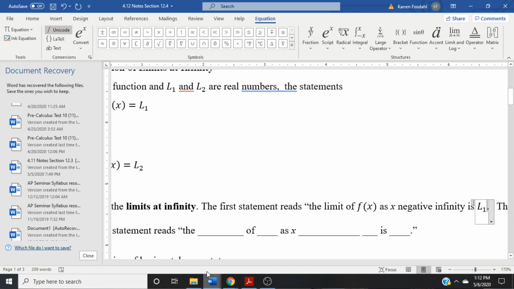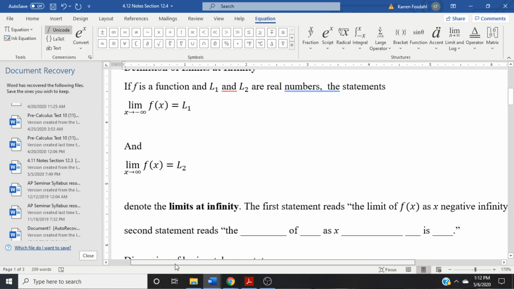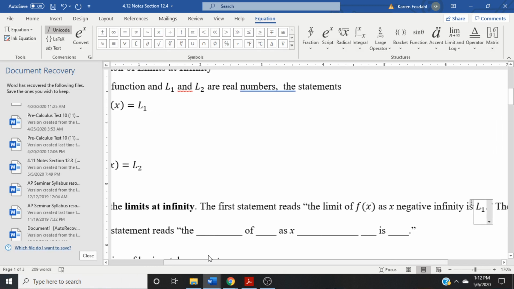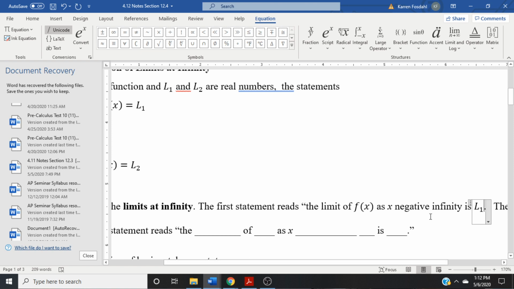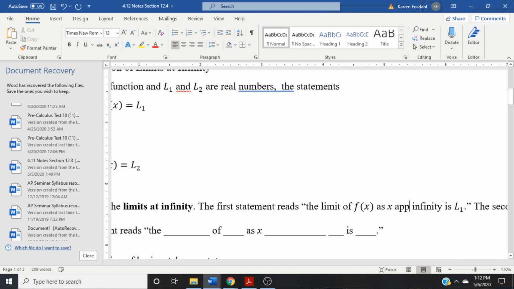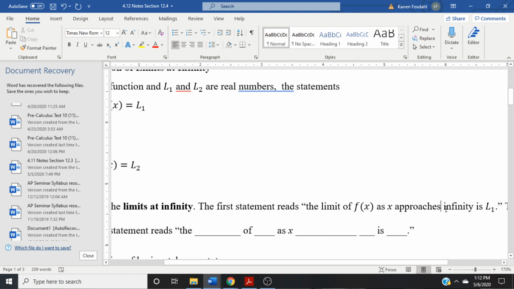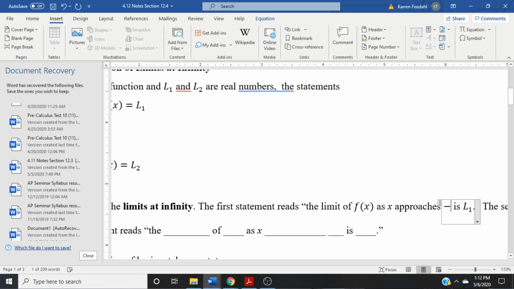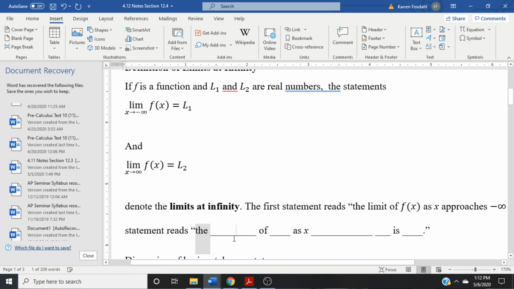So from the left side, we're saying the limit of f of x as x approaches negative infinity is equal to L1.